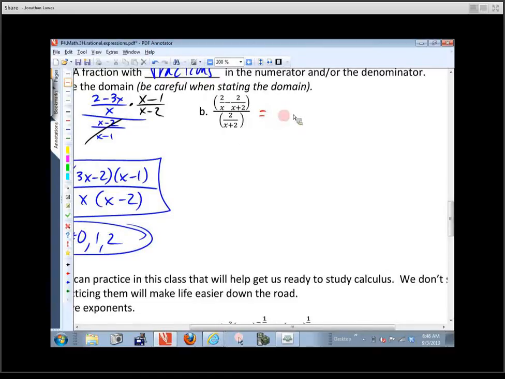Okay, let's do one other one. On this one, again, I'm going to get a common denominator. So this is going to be x, and I need an x plus 2. Then minus, this is x plus 2, and this is a 2. What do I need here, Sven? Denominator of this one right here? I need an x.